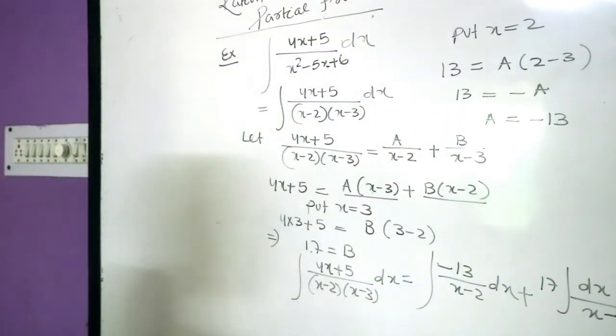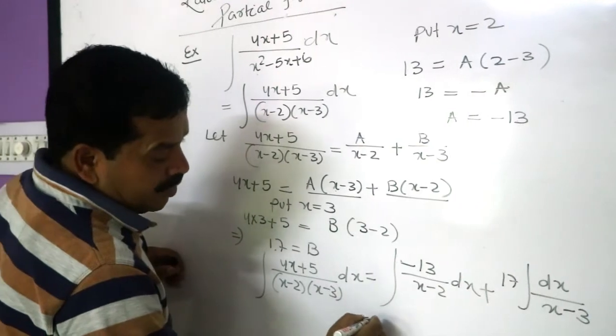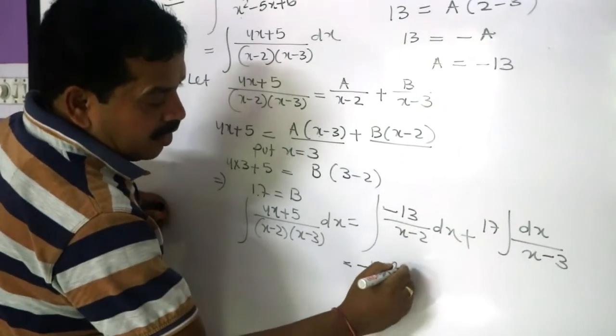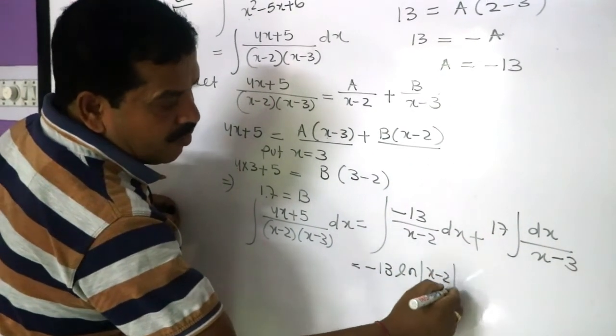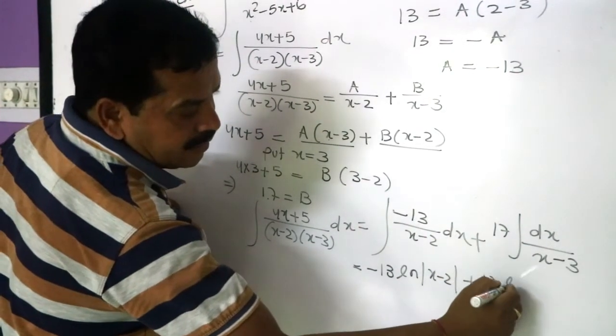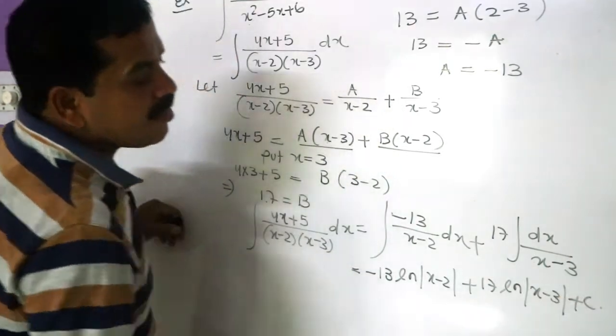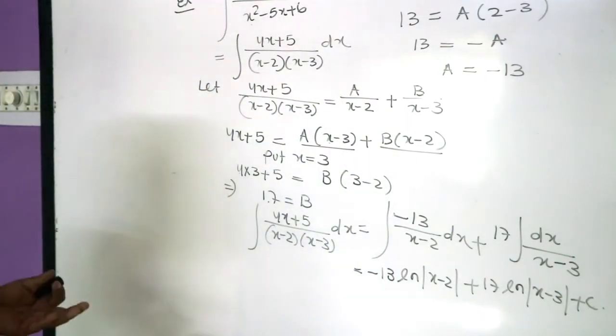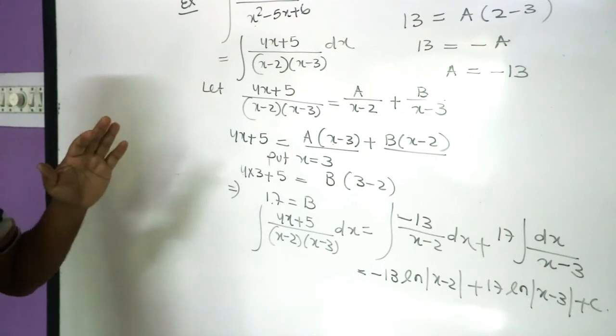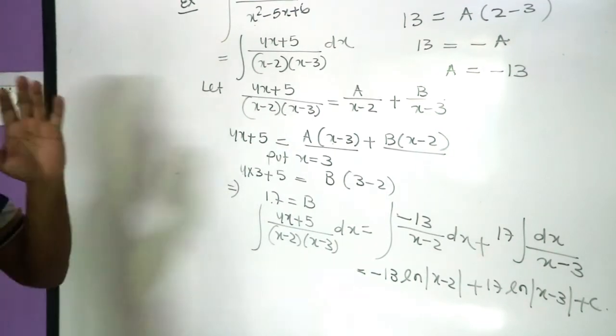Now we can easily integrate it, which is equal to minus 13 log mod x minus 2 plus 17 log mod x minus 3 plus integrating constant c. That's the integration.